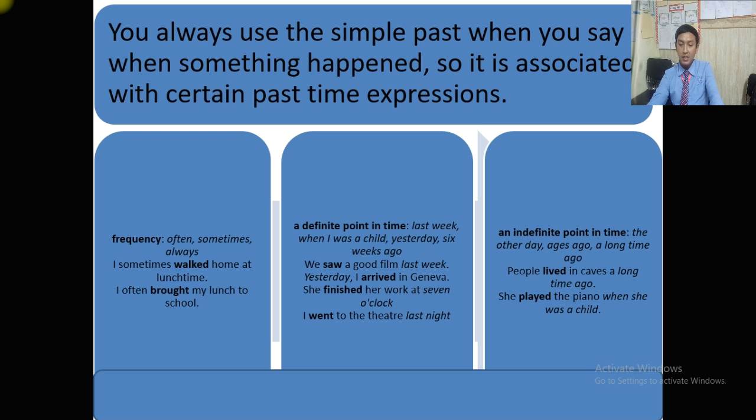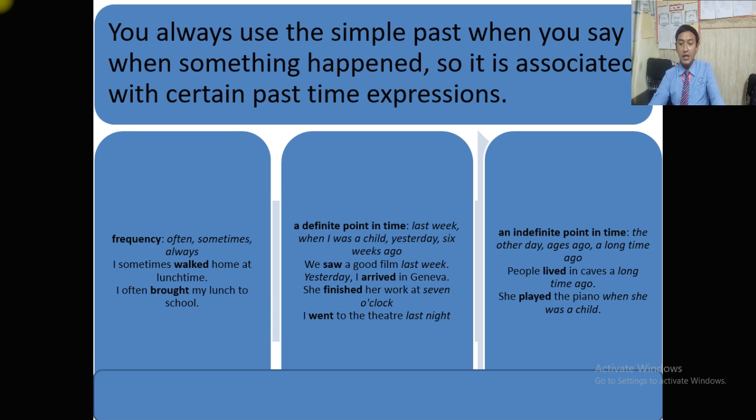For example, the words the other day, ages ago, a long time ago, many years ago. All of these express the past too, but a distant past, because the time that we want to talk about is so long ago.